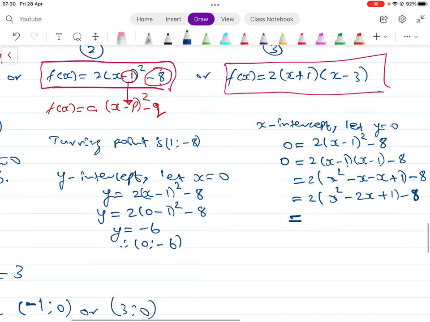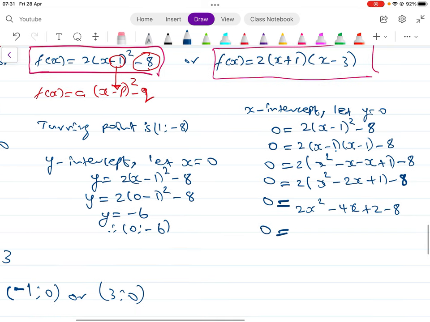Multiplying out, we have 2x squared minus 4x plus 2 minus 8, so 2x squared minus 4x, and 2 minus 8 is -6.